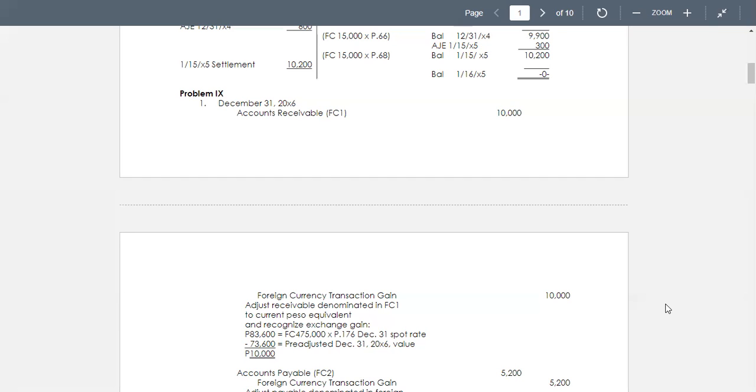So we now use 0.176, which is the December 31 spot rate.